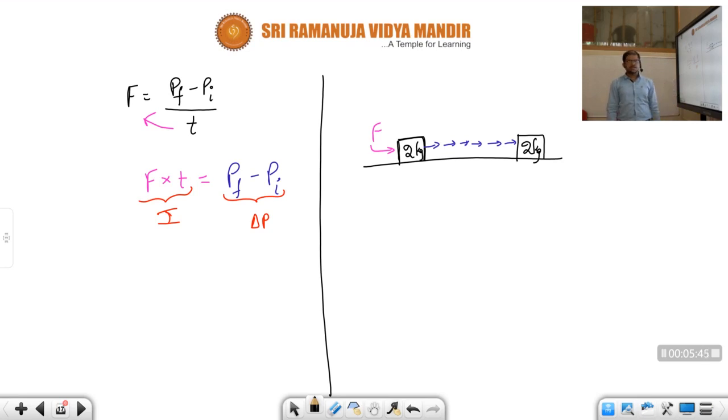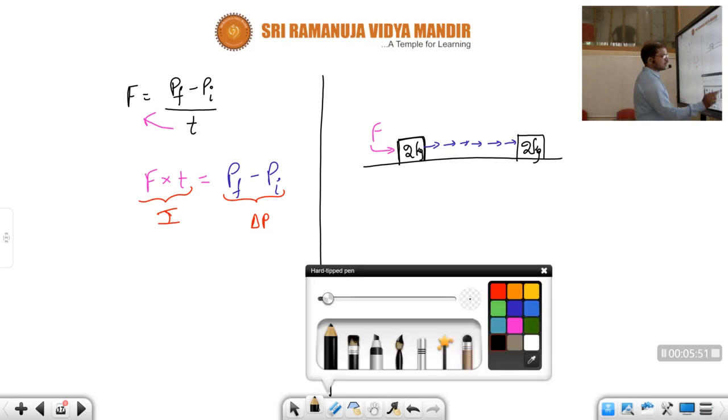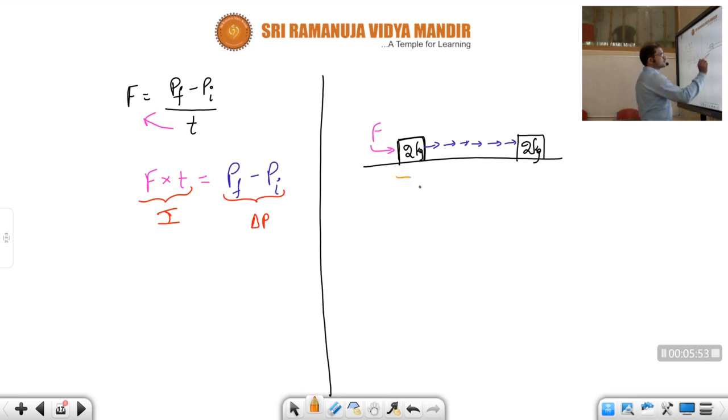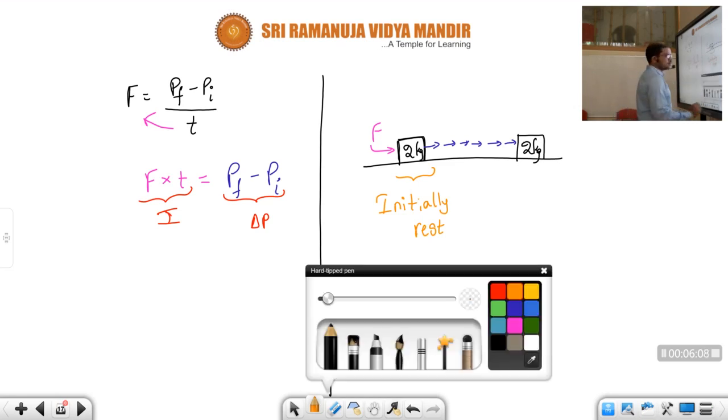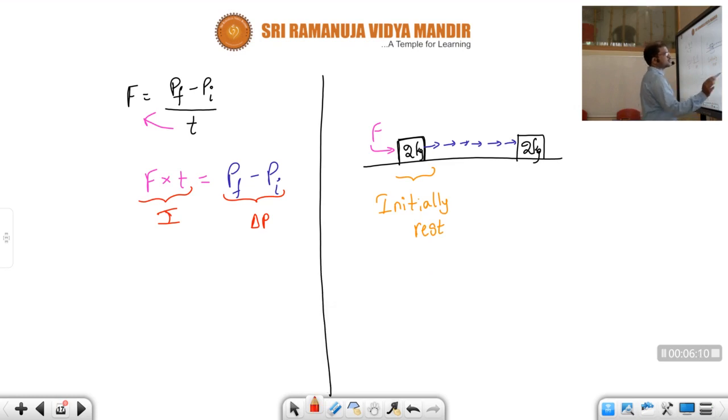But imagine, children, a block was kept on the floor which is not moving initially. Initially it is at rest. What is its initial velocity? 0 meter per second.